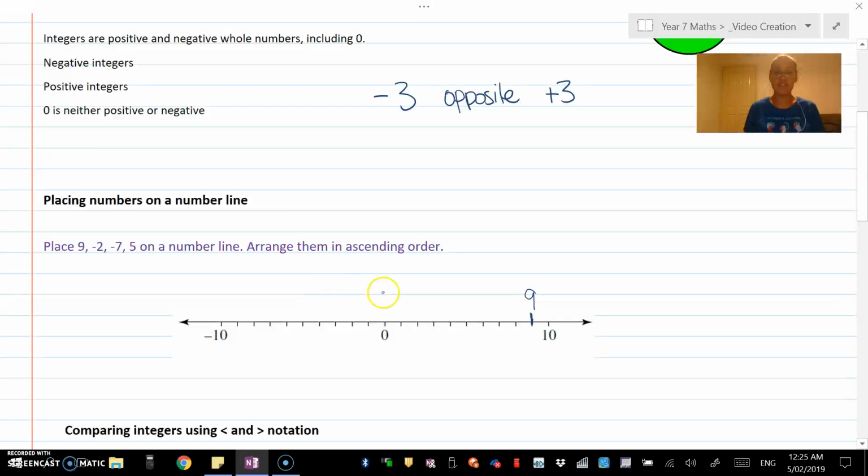And I have -2. Now here's 0. If you're not familiar with negative numbers, just count back: -1, -2, and place that on the line. Continue on: -3, -4, -5, -6, -7. So -7 and +5.